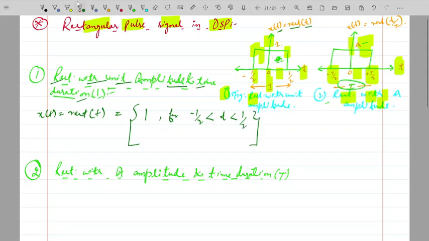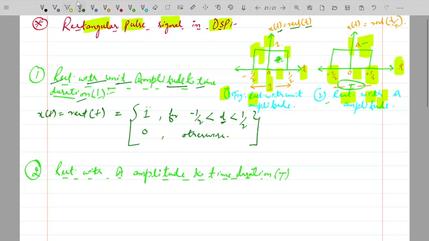Here the width is unit 1, and the value is 0 otherwise.